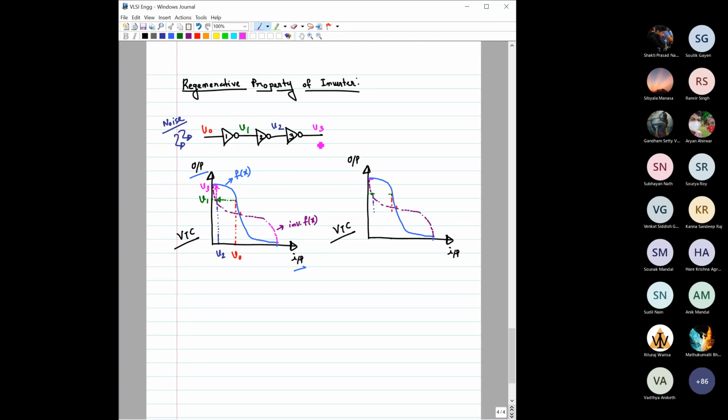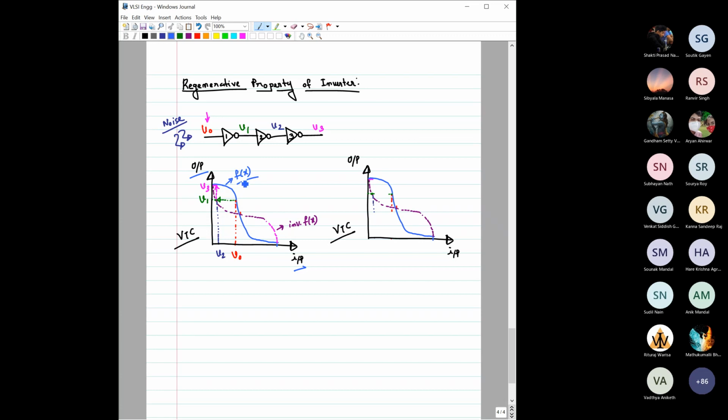So we have 3 inverters connected in series, and the first input is V naught. And as mentioned, let us say that these 3 inverters are identical. If they're identical, their VTC is also expected to be identical. Say the VTC is something like this, the blue one.